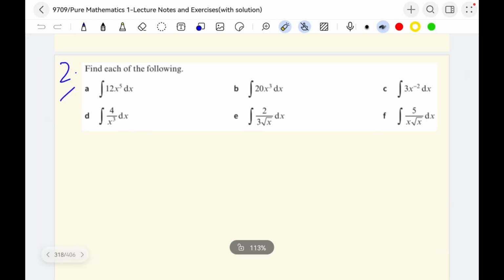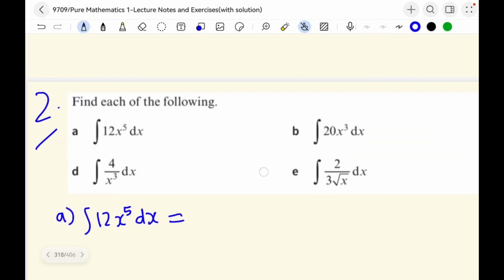Question 2. Find each of the following. A. The integral of 12x to the power of 5 dx. So how to get the integral of it? Since these are indefinite integrals, after you integrate, you have to add the plus c. Remember.